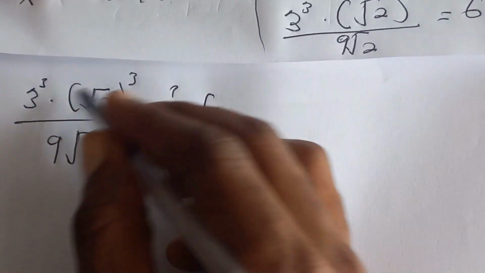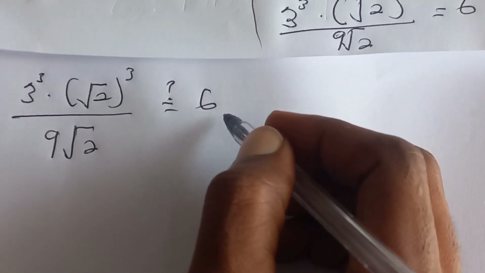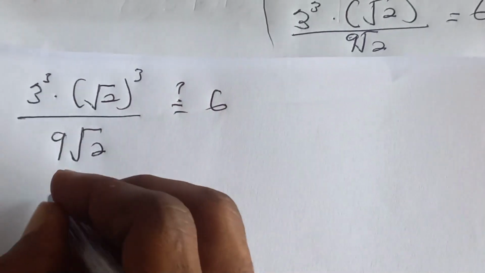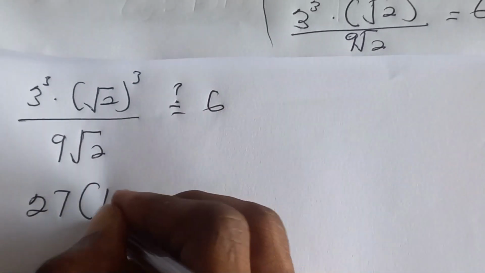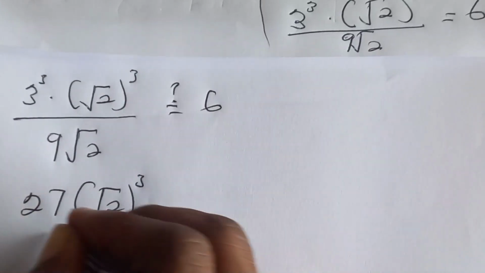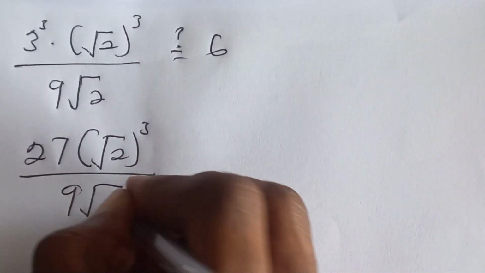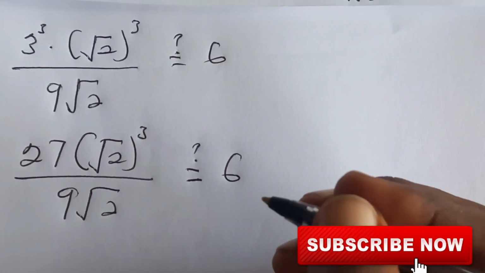So whatever that is here, is it equal to 6? So that's the question we are asking. So now 3 exponent 3 is 27. Then root of 2 exponent 3 on 9 root 2. So this should be equal to 6.